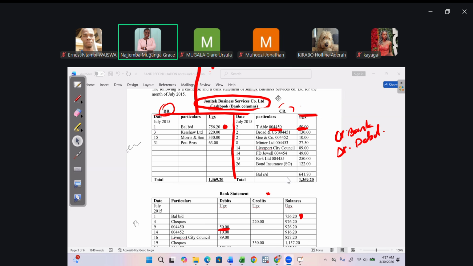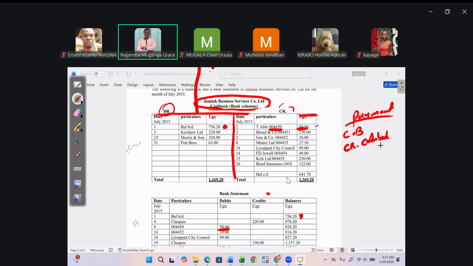I'm here. So I was saying, before you tick, because you're excited, first of all you need to confirm two things: the right amount and on the right side. If I analyze this transaction, it's clear that it was a payment. So if we have a payment in the cash book, we expect that we credit the cash book.